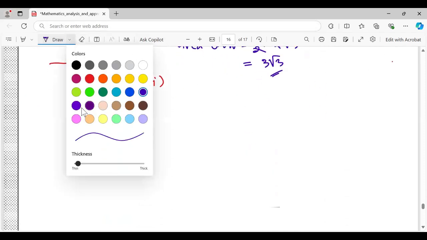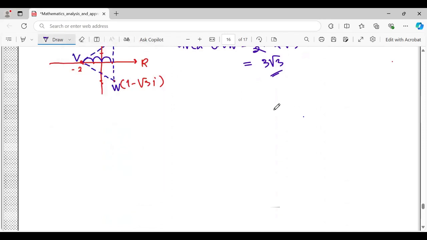Okay, next. That is u equals 1 plus square root 3 i. Okay, so it means we have to calculate r. r equals square root of 1 squared plus square root 3 squared. It is square root 4, or 2.